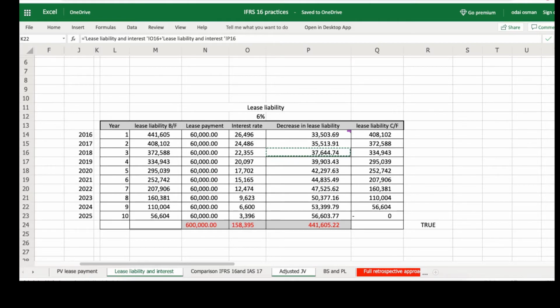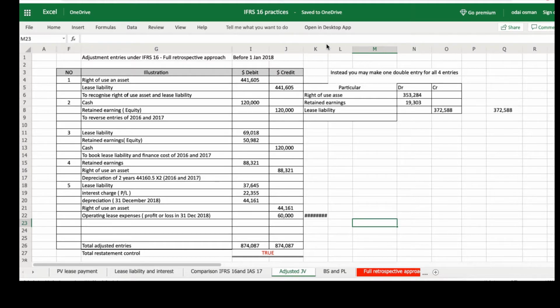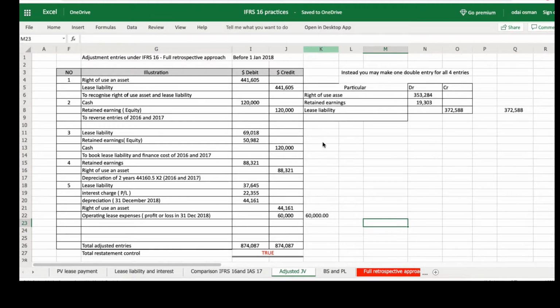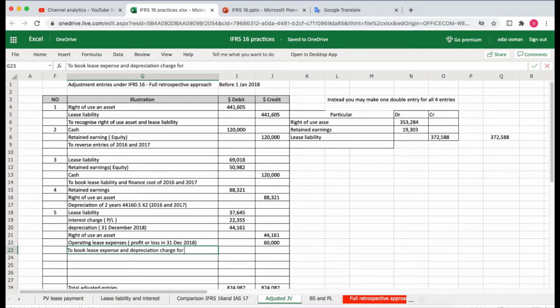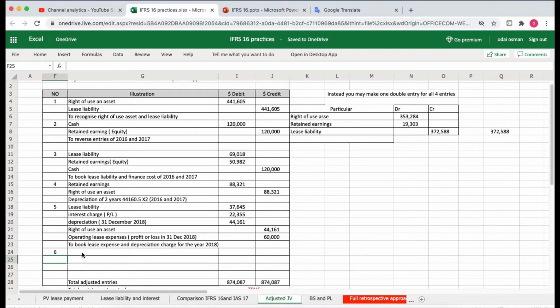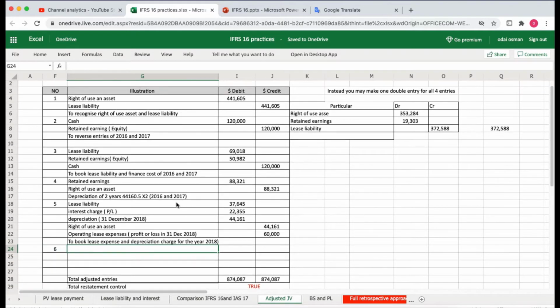It gives us the same amount also. So we are done with the second restatement for the current year, which is 2019. Normally you would have already applied IFRS 16 in 2019.